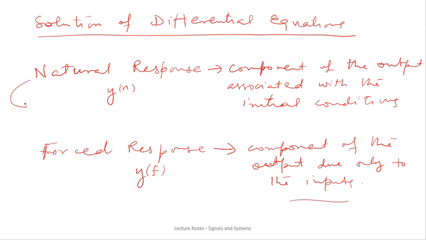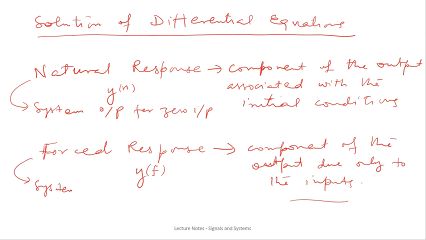So you can also say that natural response is the system output for zero input, and the forced response is the system output assuming zero initial conditions.